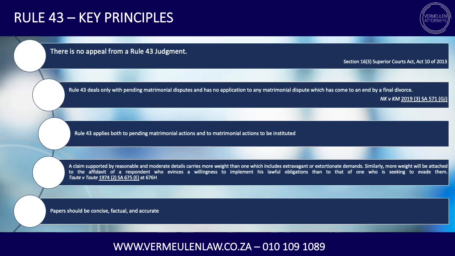Very important in terms of Section 7.2, and also obviously in terms of getting further relief, for example, in cases where the decree of divorce is granted and litigation continues in terms of calculating the accrual, the applicant may have a very hard time. Rule 43 applications apply both to pending matrimonial actions and to actions about to be instituted.